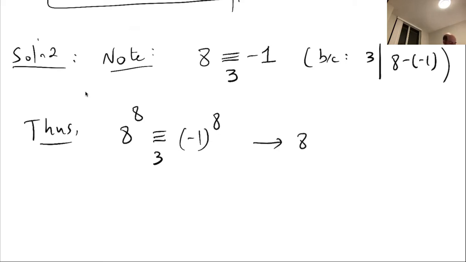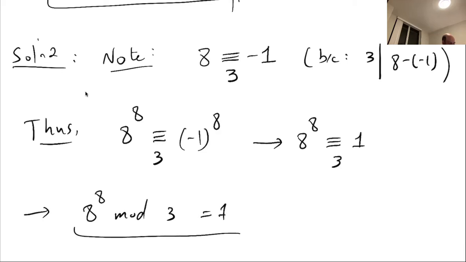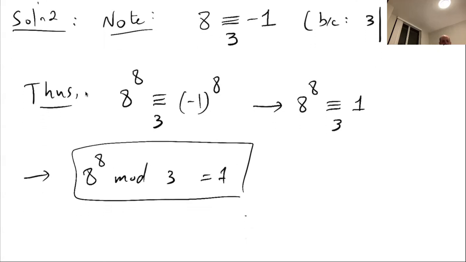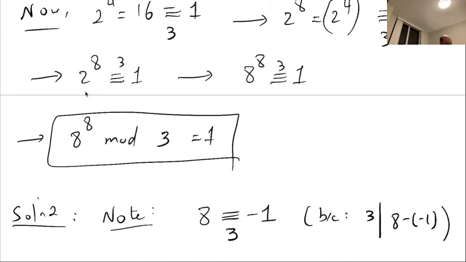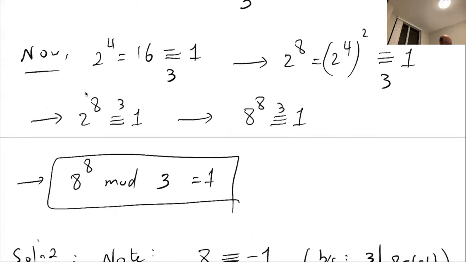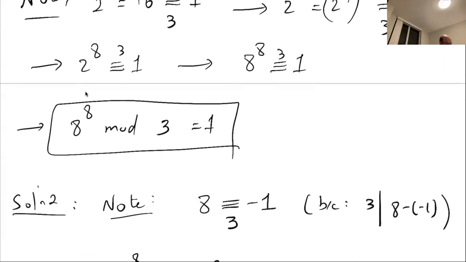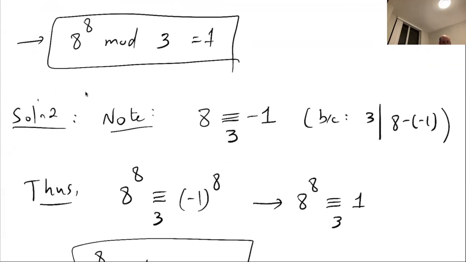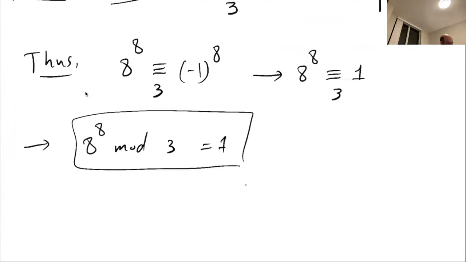So that means 8 to power 8 is congruent to 1 mod 3, which means 8 to power 8 mod 3 equals 1. So the remainder is 1. We got the same answer as solution 1, but we got it faster because we could make -1 appear, and -1 to any power is very easy to compute.